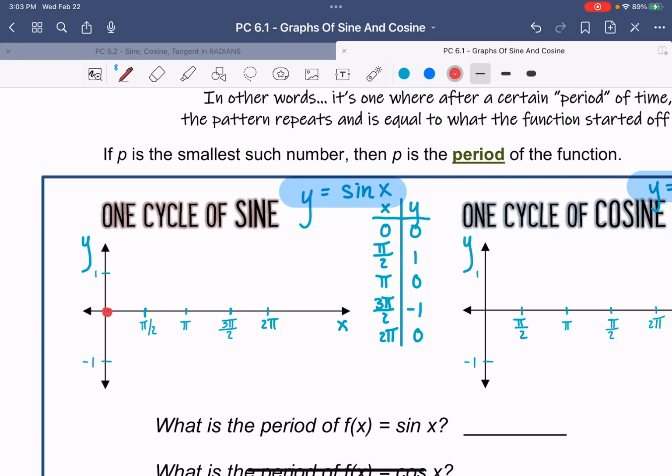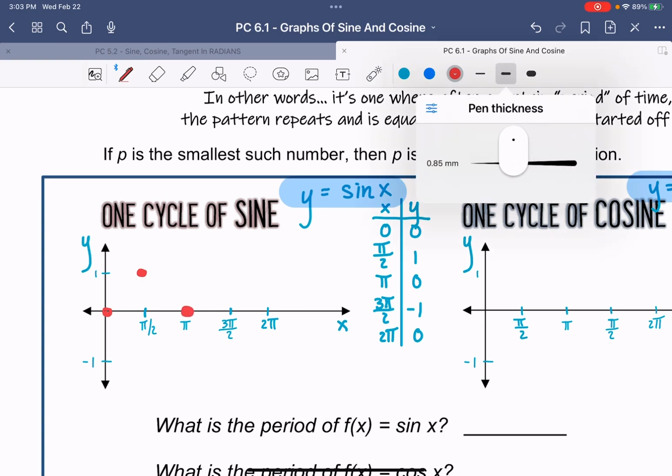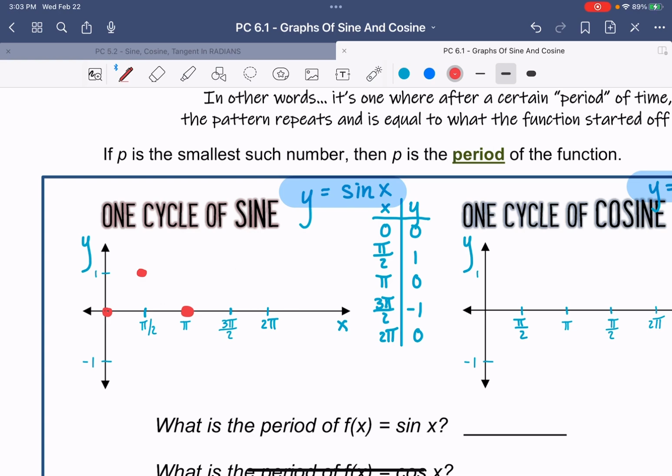Plotting 0, 0. Our next one at pi over 2, we're going to be up at 1. At pi, we move down to 0. 3 pi over 2, we're moving all the way down to -1, and 2 pi, we'll be at 0.